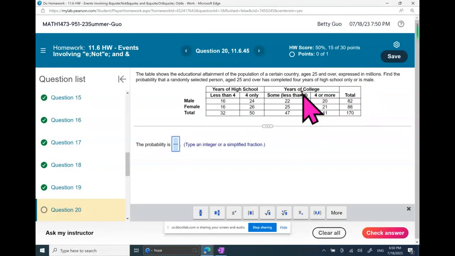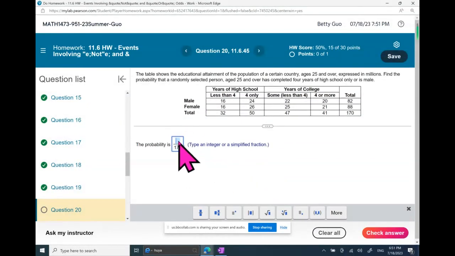The first event is a person completing the 4 years high school only, so second column. Or the person is male, so first row. And those two events are not mutually exclusive because male could complete 4-year high school only, right?